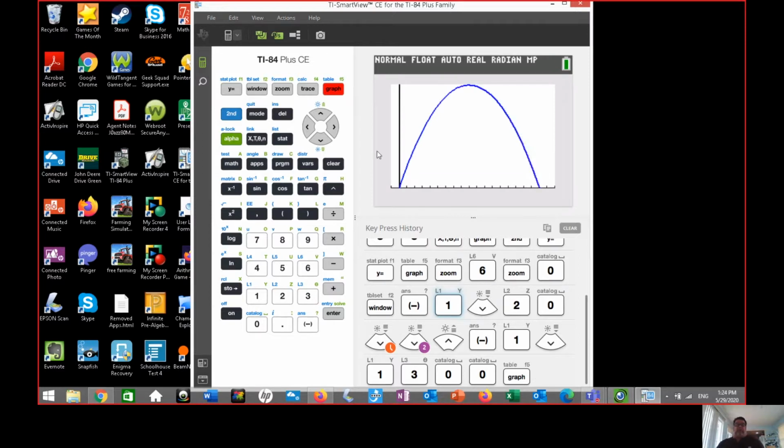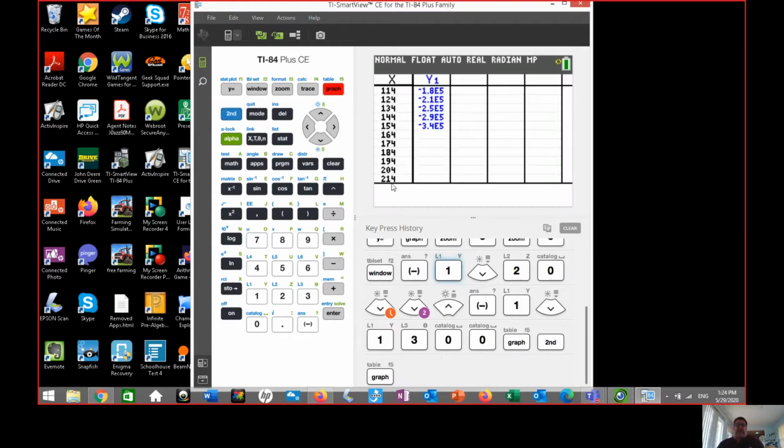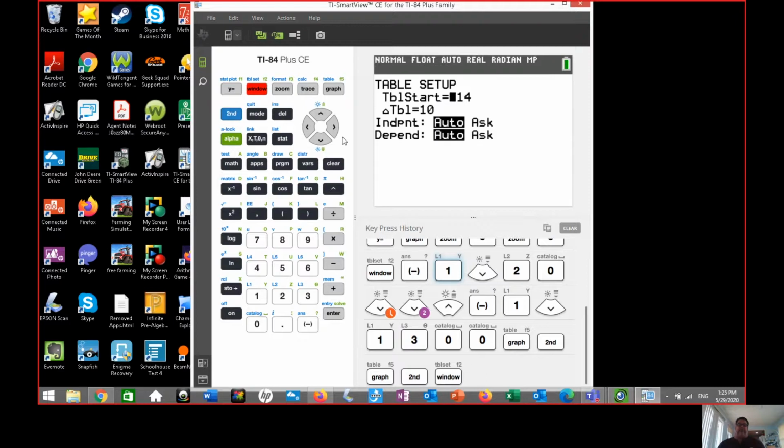And at this point, you can hit second table, and you can get anything it asks for there. Let me see if I've changed the table settings for another class. Yep. Table start, I'll start at 0 since it's in the first quadrant, and we want ones.